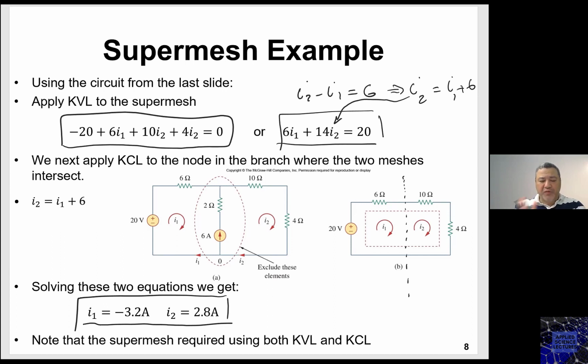So on the left part, I finished the mesh equation related to I1. On the second part, I continued and then finished the mesh equation related to I2. Okay? Any other questions?